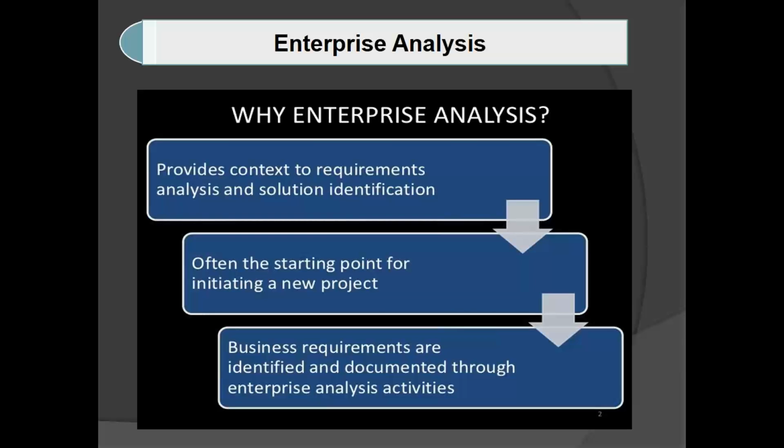So here we are going to see mainly 6 different enterprise analysis techniques. What are those? The first one is Pareto analysis. Second one is Fishbone analysis. Third one is SWOT analysis. Fourth one is gap analysis. Fifth one is feasibility study. And sixth one is business case writing.